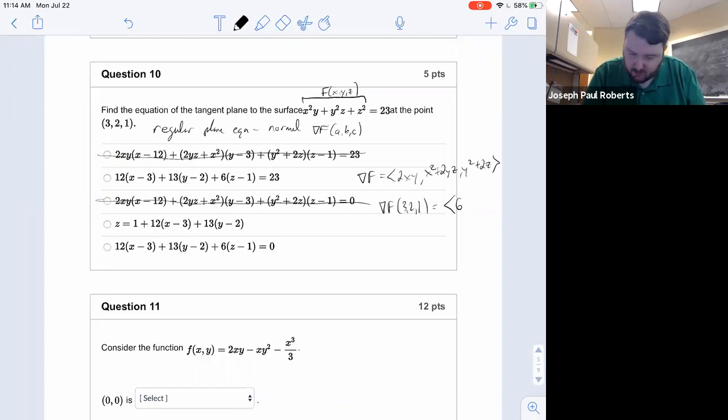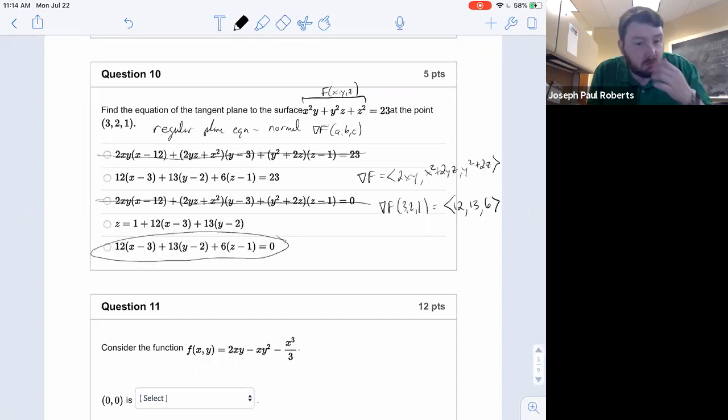No, I'm sorry, 12. 2 times 3 times 2 is 12. And then 9 plus 4 is 13. And then y squared plus 2z is, what, 4 plus 2 is 6. So I use the normal vector ⟨12, 13, 6⟩ and the point (3, 2, 1), and it looks like this.